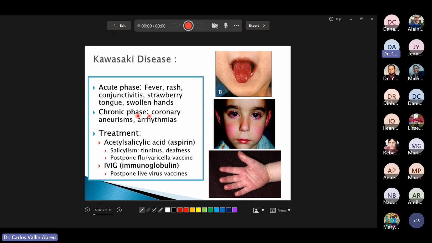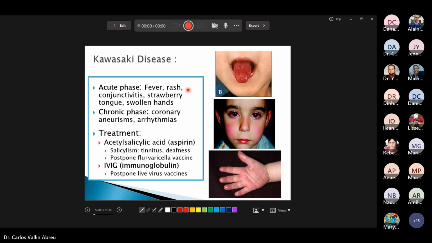So for that reason, it's important to diagnose the symptoms of Kawasaki disease and to receive the appropriate treatment. It's not contagious. It's a standard precaution, and this is the stuff that you need to know.